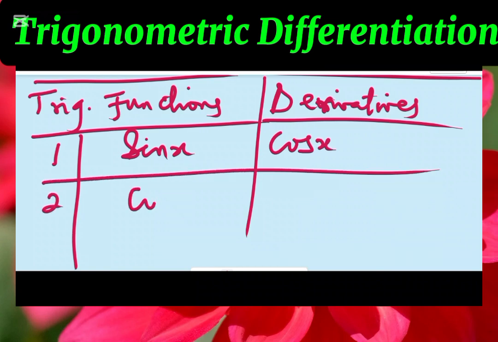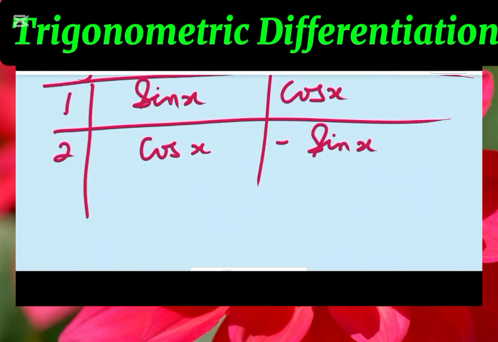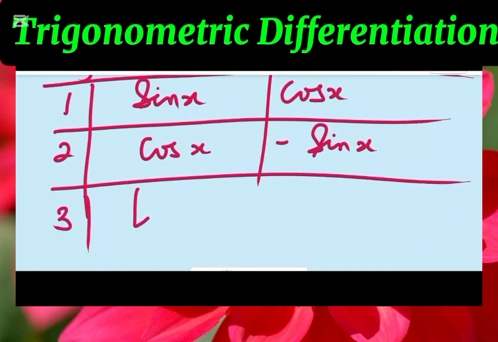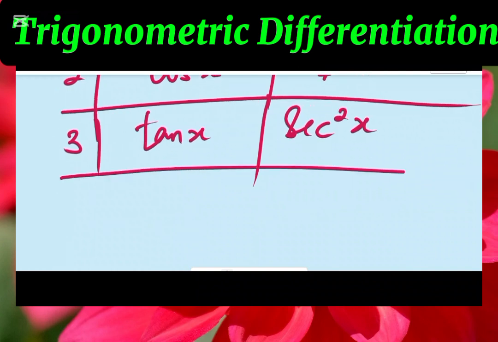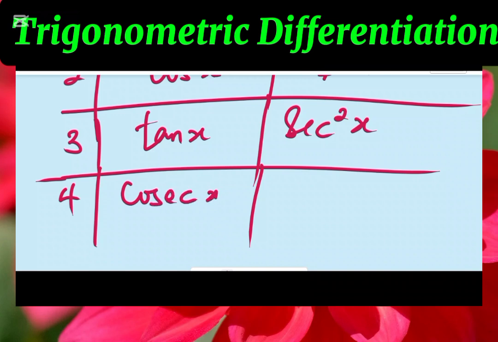Number 2, cos x. The derivative of cos x is minus sin x. Number 3, tan x. The derivative of tan x is sec square x. Number 4, cosec x.